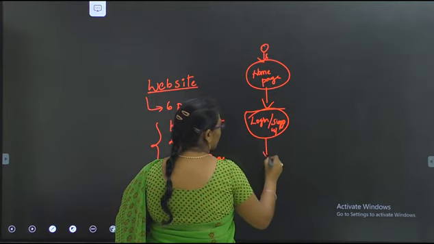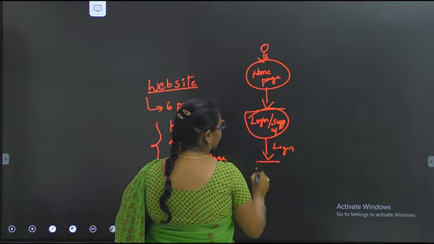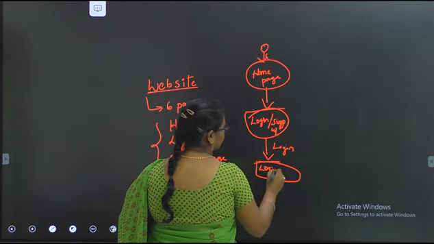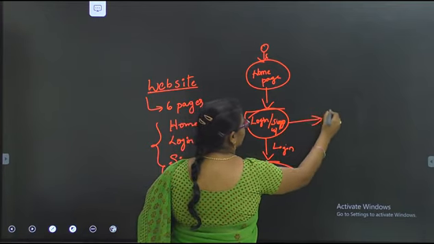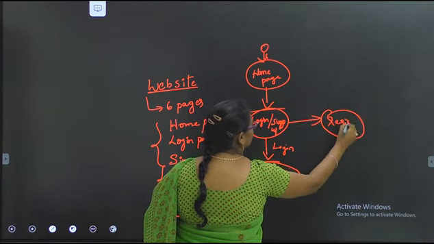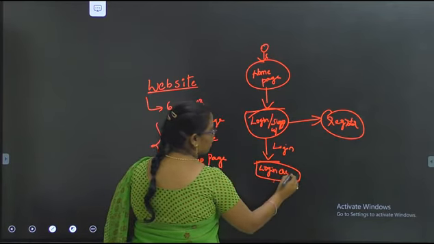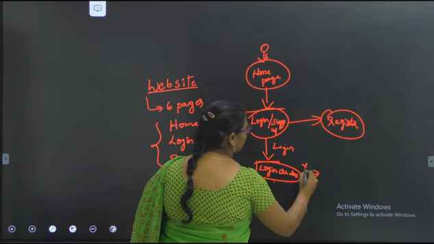If it is a login page, what does he have to give? He has to give the login credentials. If it is a sign up page, he has to register. If it is the login page, after giving the login credentials, if it is yes, what will happen?